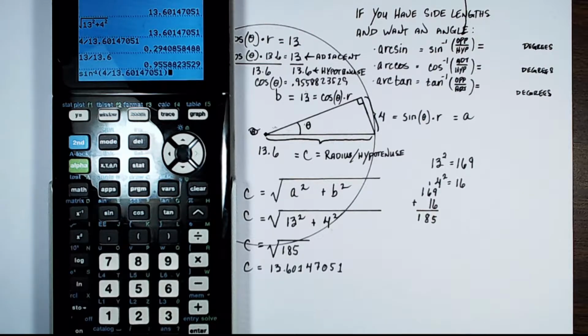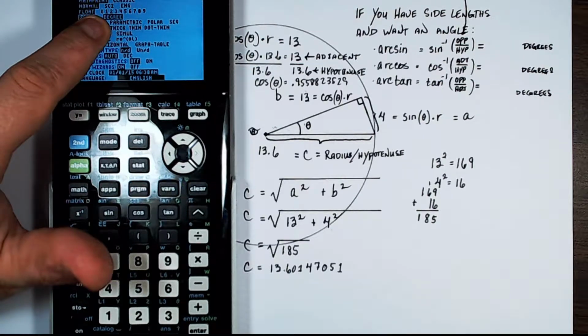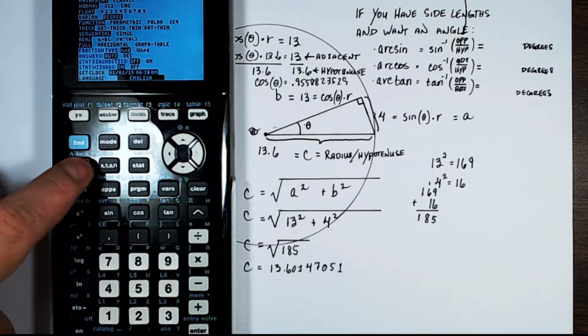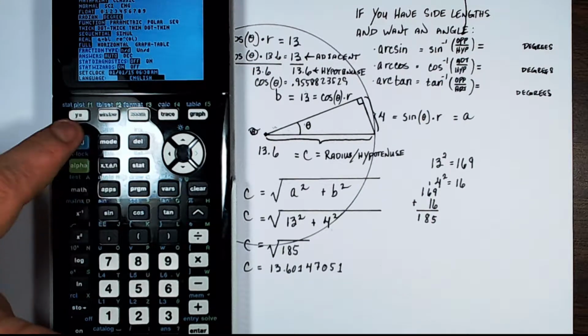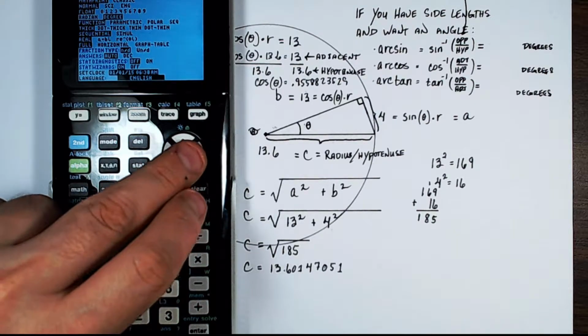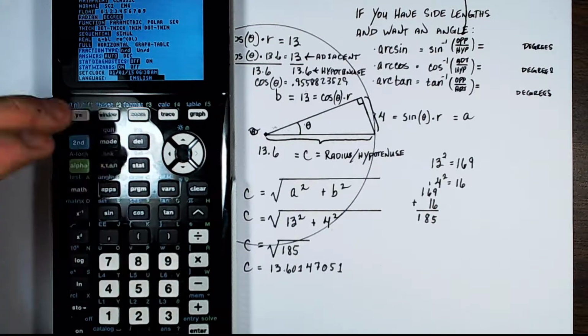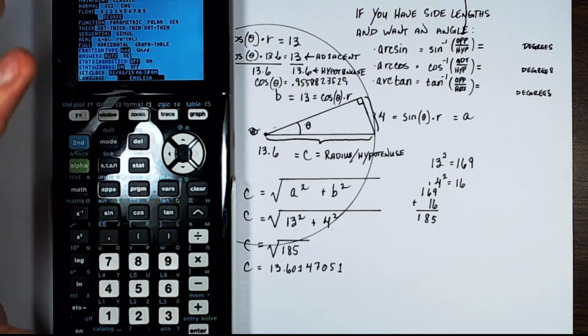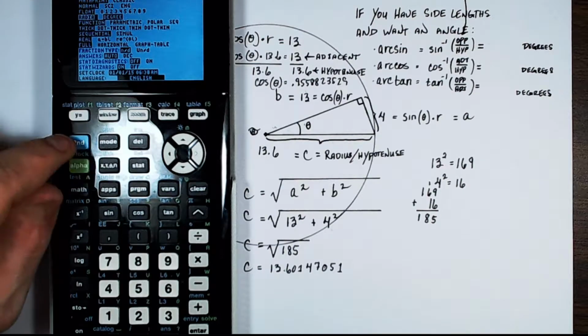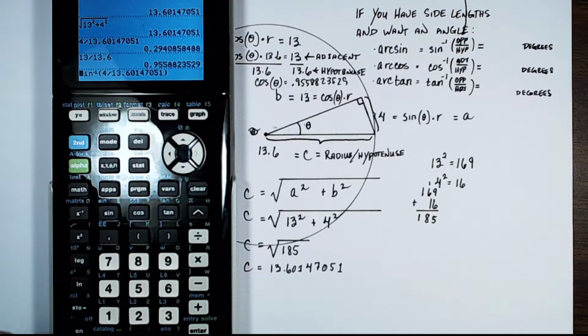And if I have this in degree mode, which I do, if you don't, you hit mode, and then you go down to where it's highlighted on radians, cursor over, and then hit enter, and it'll turn it to degree mode. Otherwise, the output won't look right. Then hit second mode to quit and go back to your calculation screen. Now go ahead and enter on this, and you will get an angle.